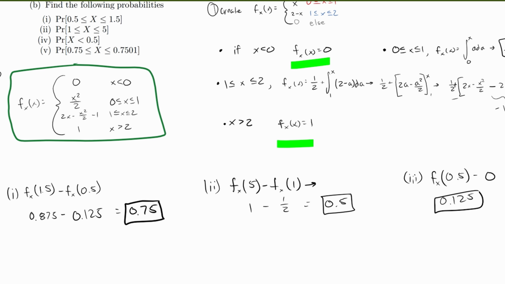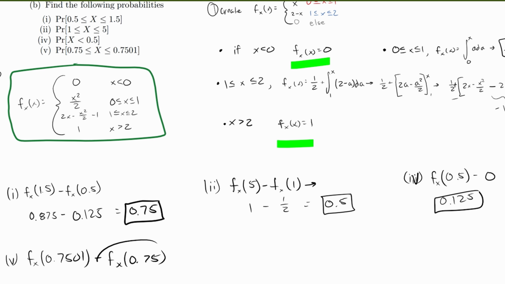The last one we have, well, it says this is supposed to be 4, and this is 5, so I'll actually change this to 4, and this last one is going to be our 5. So this one we're going to have F(x) of 0.7501, and it's going to be minus F(x) of 0.75.